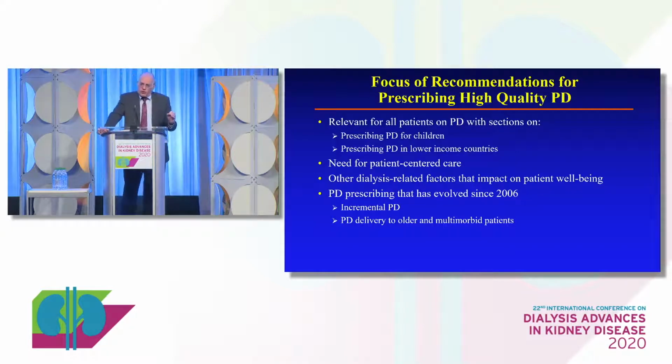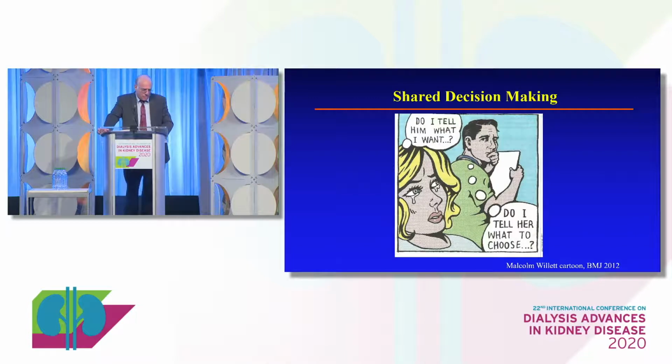Because we're an international organization, we looked at low and low-middle income countries as well, things that may not pertain to the United States specifically. And we looked at new changes, in a sense, which is the concept of incremental peritoneal dialysis. So shared decision-making, no more mind games. No more attempts at mind reading, simply have the discussion.